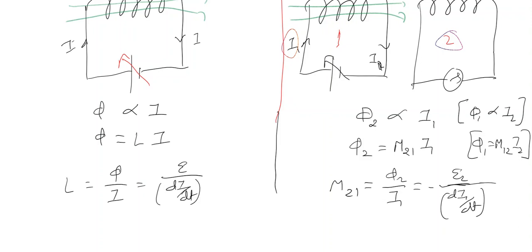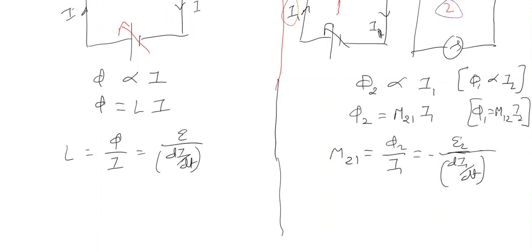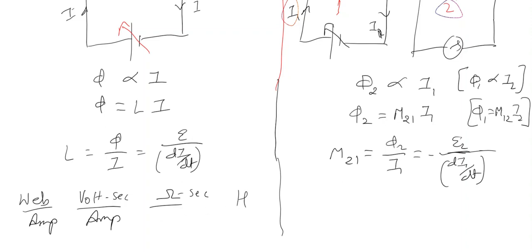So equations are very similar except the suffix, and then you have 4 units: Weber per ampere, volt second per ampere, ohm second, but popularly Henry is preferred. Similarly, in case of mutual inductance also, the same 4 units: Weber per ampere, volt second per ampere, or else ohm second, but mostly Henry is used.